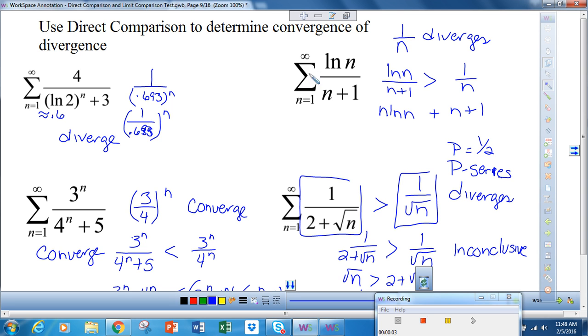So remember, we're looking at what's going on as we go towards infinity. For the earlier values, this may not be true. But for later values, as we go towards infinity, this is true. The n times the natural log of n would be greater than n plus 1. So I could also prove that this diverges as well.